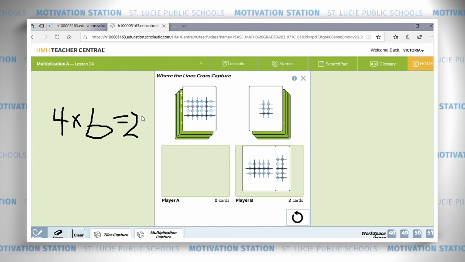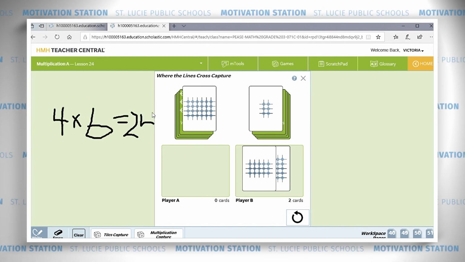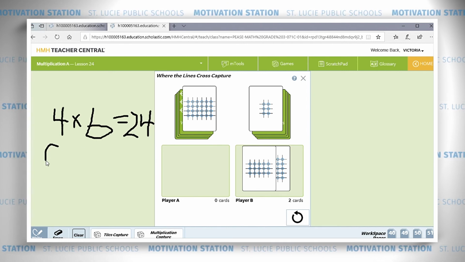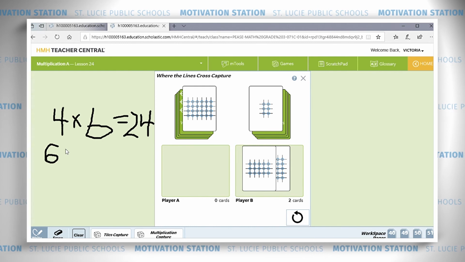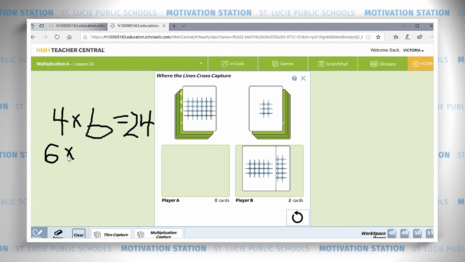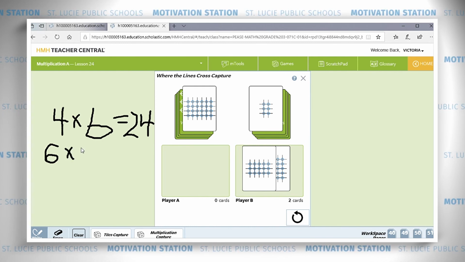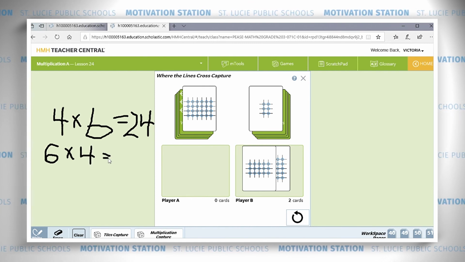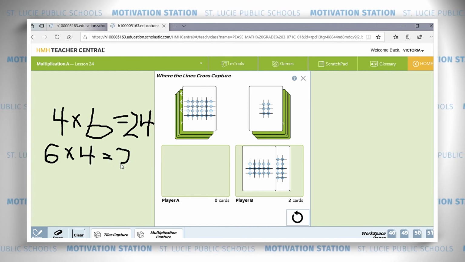And then remember, they want you to use the commutative property, where we're going to flip those factors around. So then I can also write 6 times 4 equals 24. So that's what you're writing in your workbook for your equations.